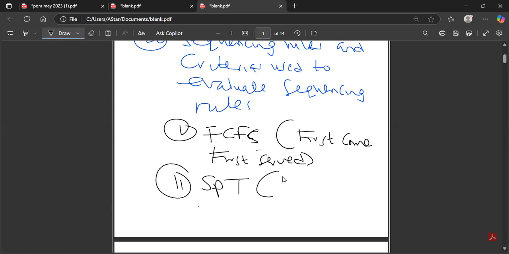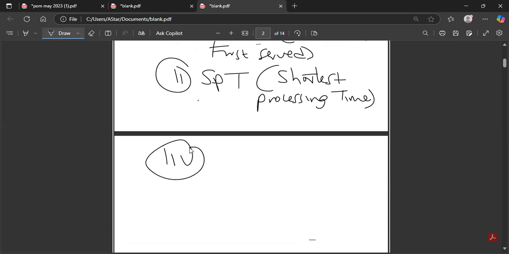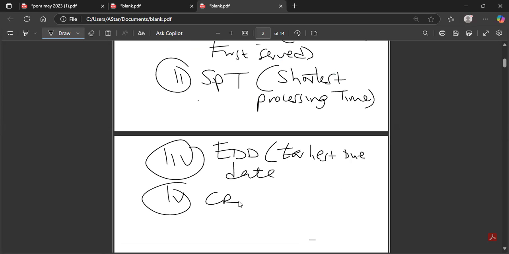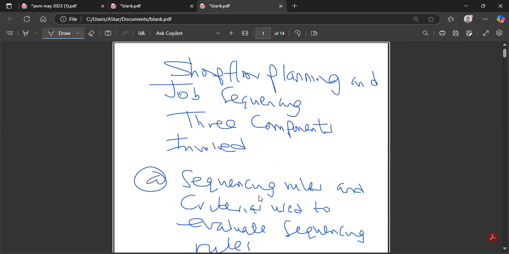Then here we look at the shortest processing time. Then we use the EDD, called earliest due date. Then CR is the critical ratio. So these are the criteria used in shop floor planning and job sequencing.